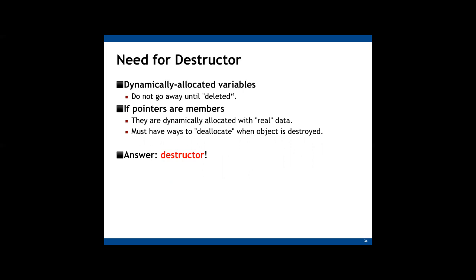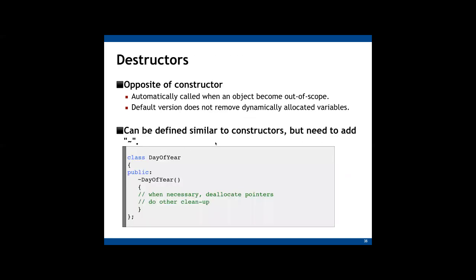Similar to constructors, there is a special type of member function called a Destructor. A Destructor is just the opposite of a constructor. It is a member function which is called automatically just before the object is destroyed. So the Destructor is the last function that is going to be called before the object is destroyed. Therefore, we put the deallocation statements inside of this Destructor.